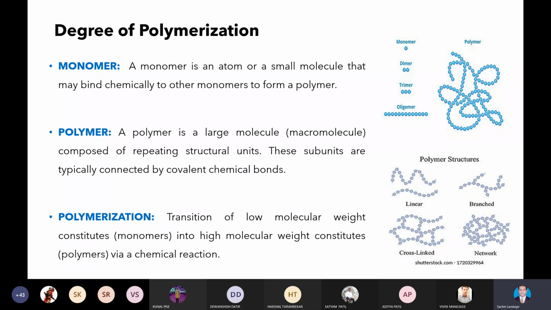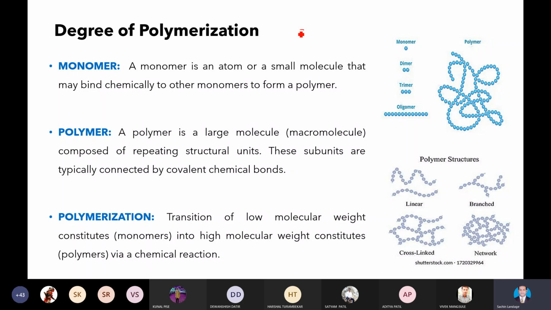For example, when considering addition polymerization, we'll take the simple example of polyethylene, with CH2 as the repeating unit. Here ethylene is our monomer.